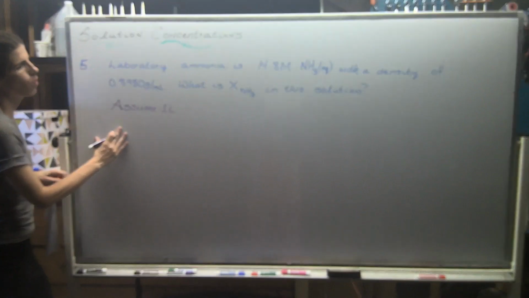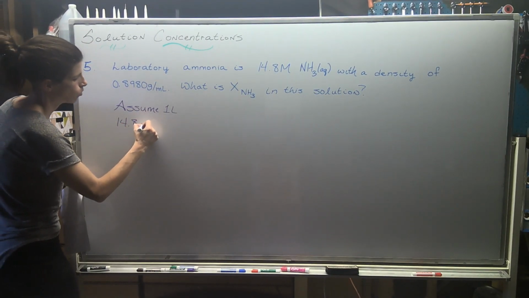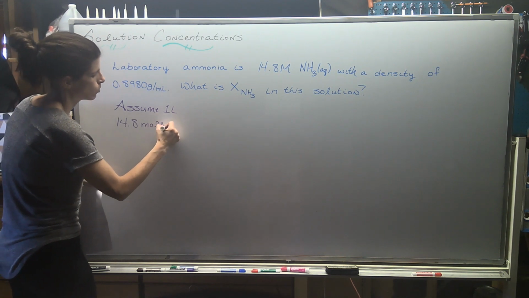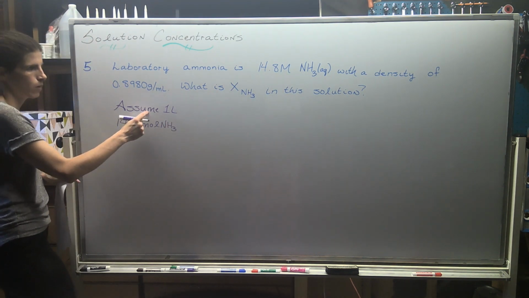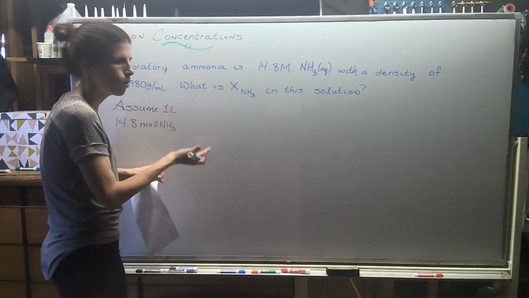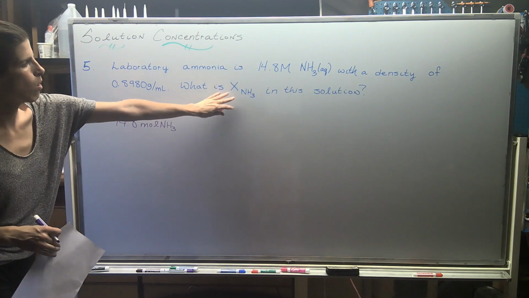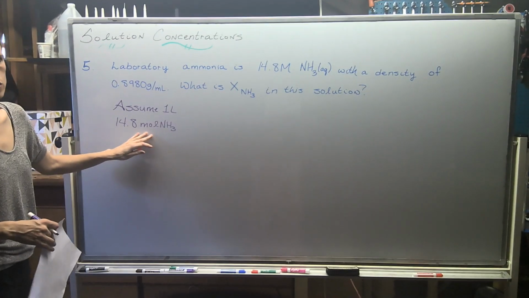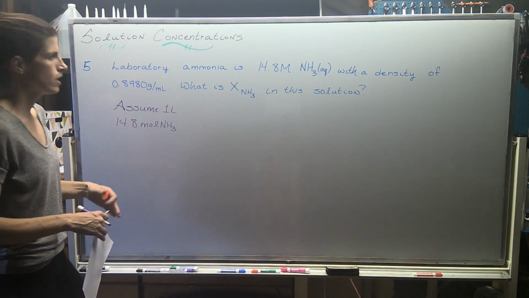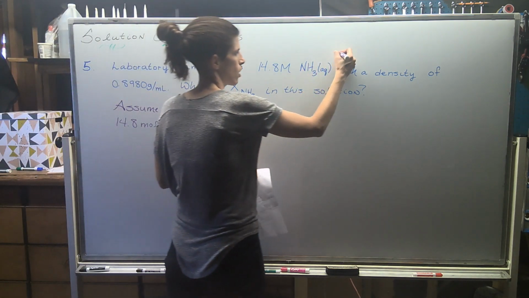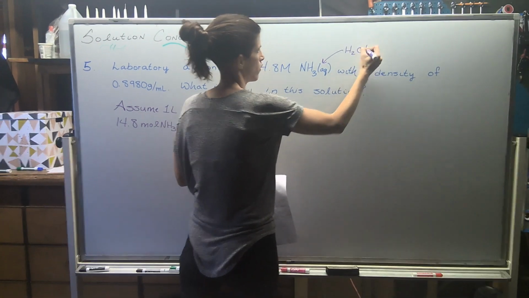With the assumption of 1 liter, I now know that I have 14.8 moles of ammonia. 14.8 moles divided by 1 liter would give me 14.8 molar. That's good because when I'm solving for mole fraction, I need this value in both the numerator and the denominator. I also need information about the solvent. Because of this AQ here, I know that water is my solvent.